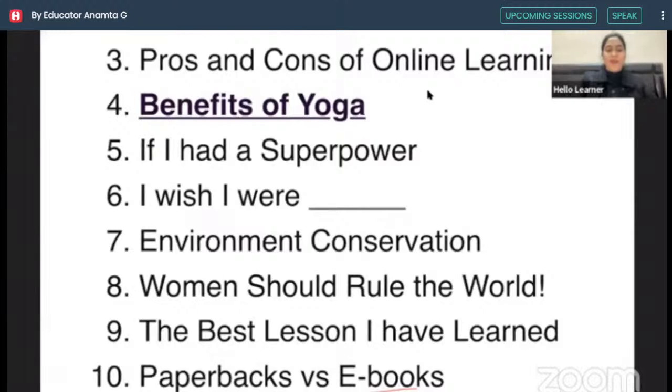But paper books are good for children because they do not read from mobile and online. So paper books are good for children, and ebooks are good for elder men.